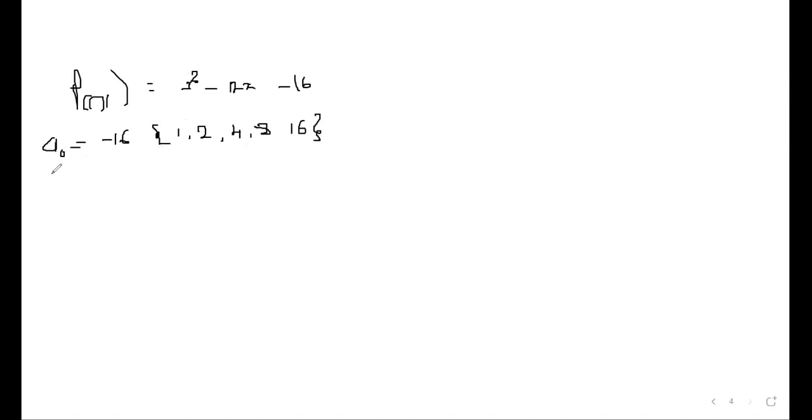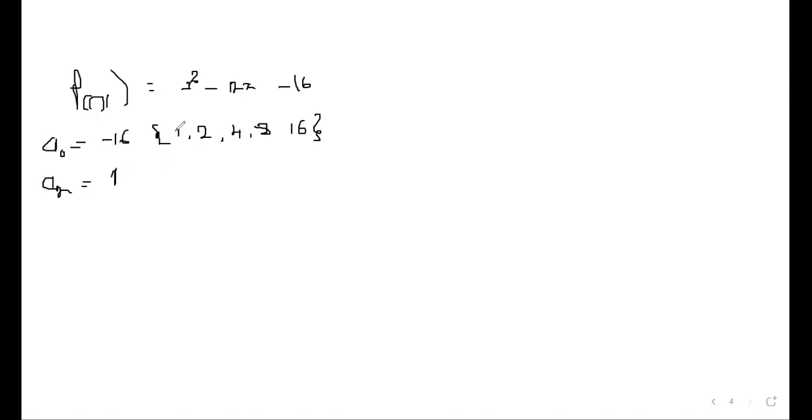Then the other one is AN, the coefficient of x to the power 3, which is just 1.